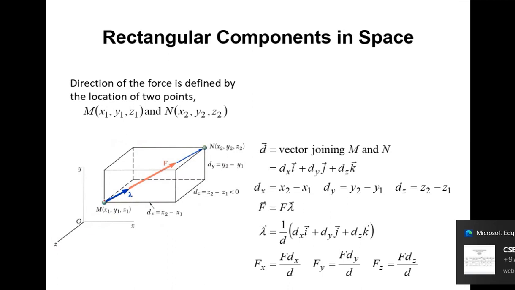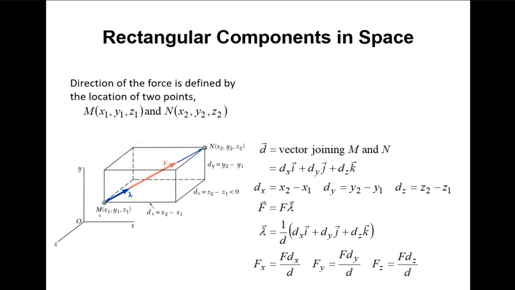Suppose 2 points are given to you, point M and point N. Point M has coordinates x1, y1 and z1, and point N has x2, y2 and z2. Now the vector joining M to N, what will that be? (x2 minus x1) i cap, (y2 minus y1) j cap, and (z2 minus z1) k cap. So basically that has been denoted by dx, dy, and dz. dx equal to x2 minus x1, dy equal to y2 minus y1, dz equal to z2 minus z1, right? And they have substituted that.